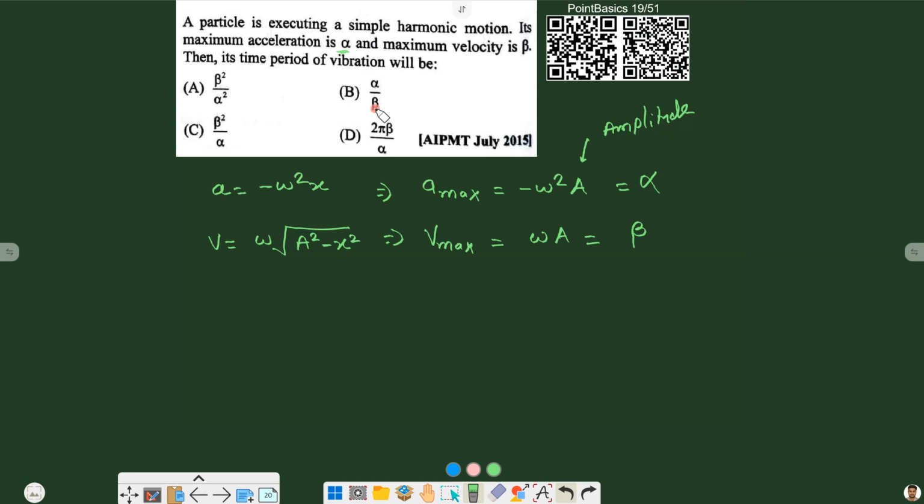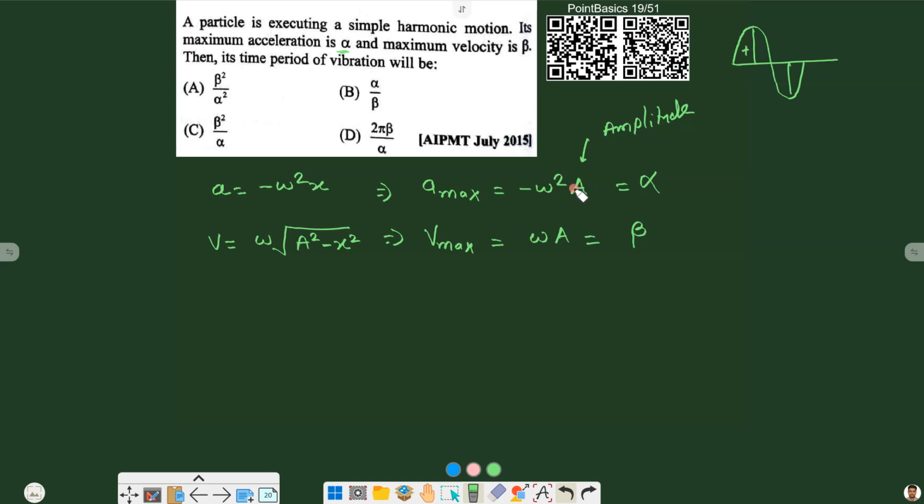So we have to find its time period. Here we have taken a negative sign. Suppose the amplitude is on the other side, this is the behavior of SHM. Here we take amplitude positive, here we take amplitude negative.